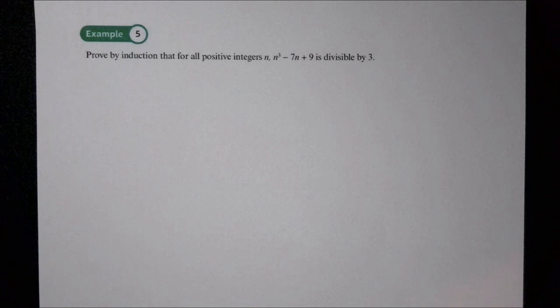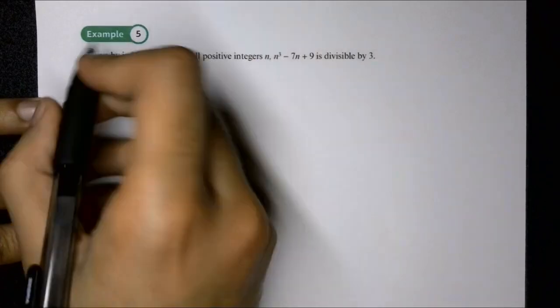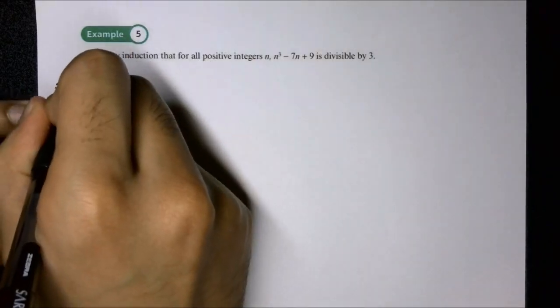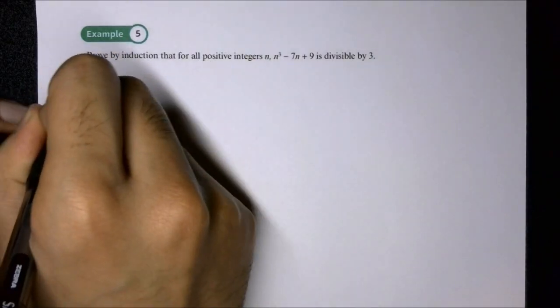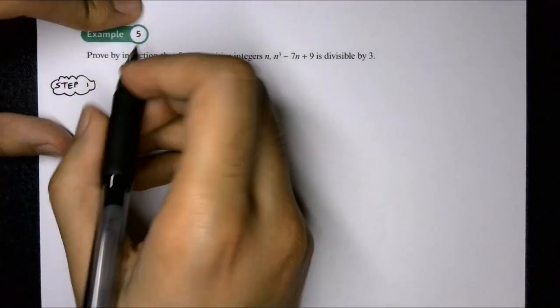Example number 5, we have to prove that for all positive integers n, n cubed minus 7n plus 9 is divisible by 3. Well, for the first step, step 1, we will show that the result is true for n equals 1.